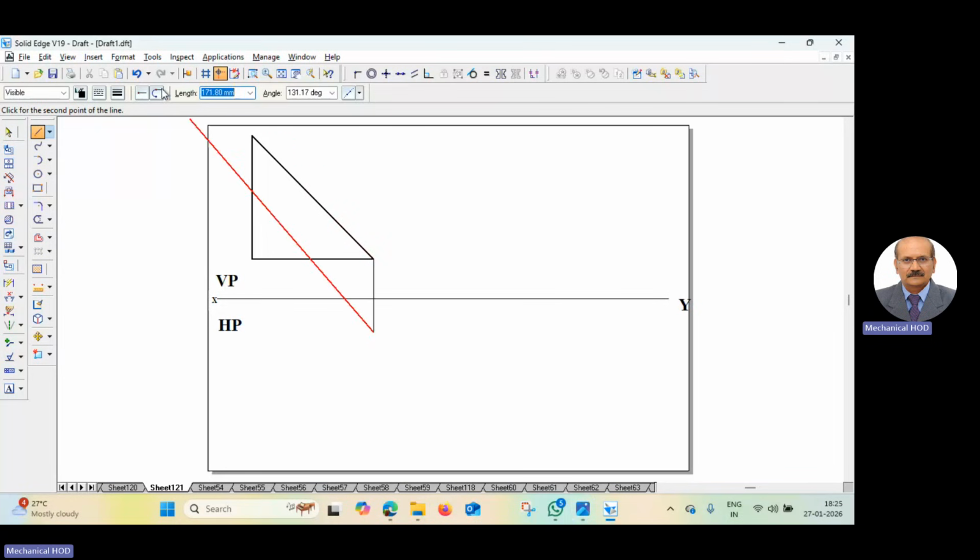What is the top view? The top view is 75 and 75. It will be a square of 75 by 75. So type 75, minus 90, and this is how much here?